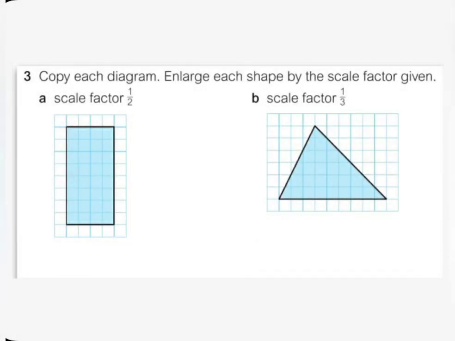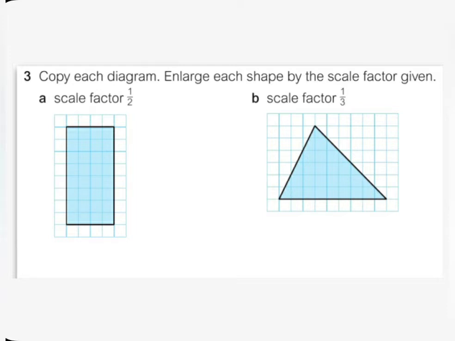In this question here, copy each diagram, enlarge each shape by the scale factor given. Now, as we understood before, if you have a positive scale factor, the shape will be at the same side with the new shape, in which the center of enlargement will have the two shapes on one side.